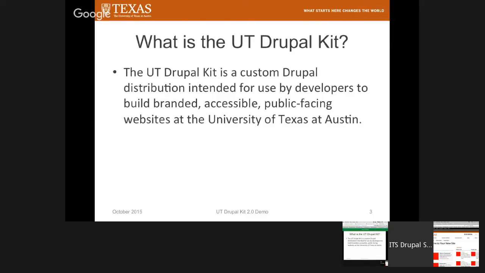So what is the UT Drupal Kit? The UT Drupal Kit is a custom Drupal distribution intended for use by developers to build branded, accessible, public-facing websites at the University of Texas at Austin.